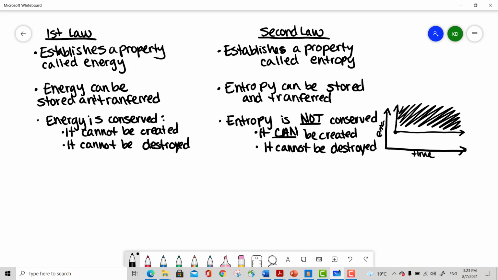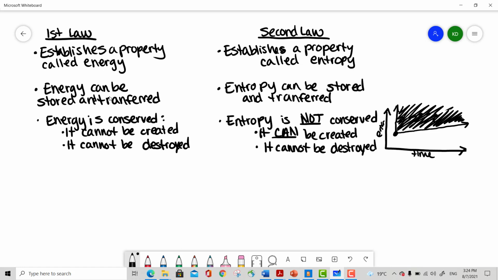But right here, it says energy is not conserved. So because of that, it's only ever going to increase. Entropy is only ever going to increase. So that's these three notes in a visual aspect.